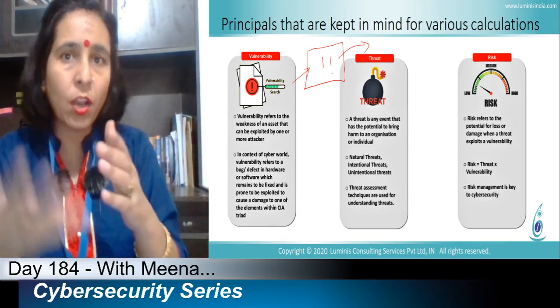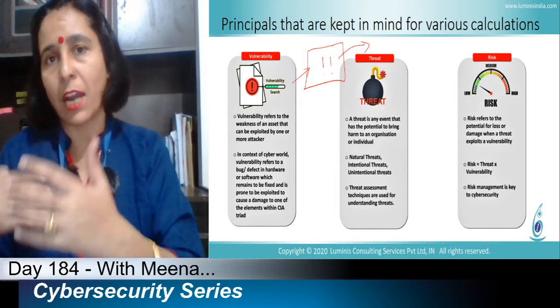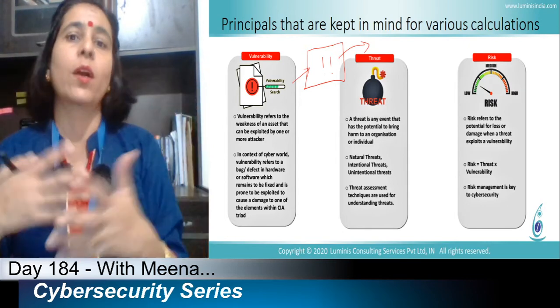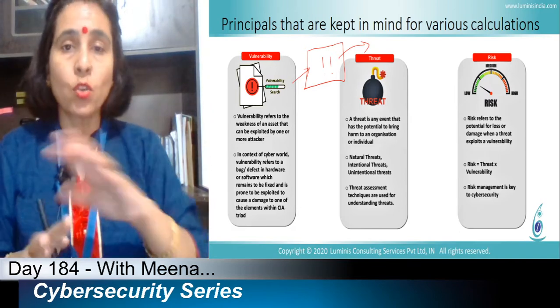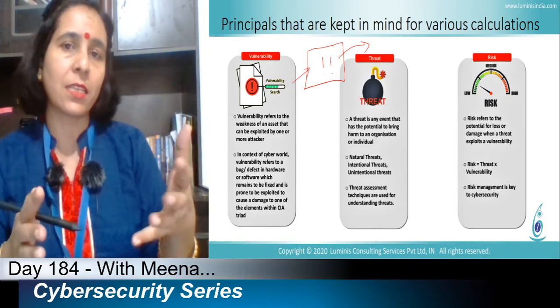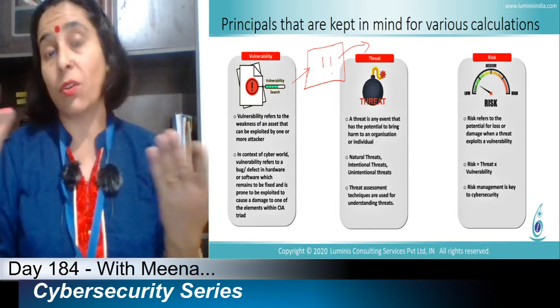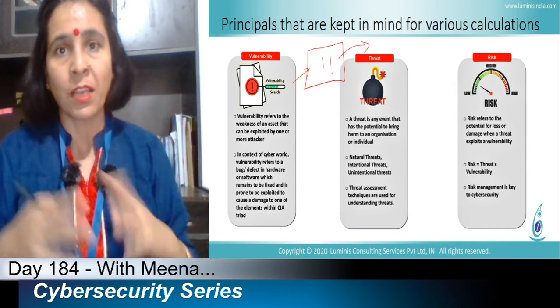When we click on it, some kind of ransomware will start on our computer and begin to encrypt our data. So we need to know about all the threats, and those threats can be natural, intentional or unintentional.